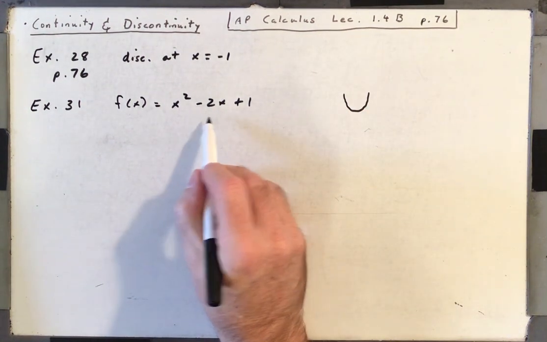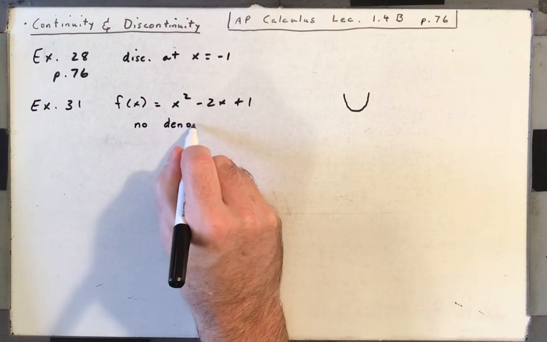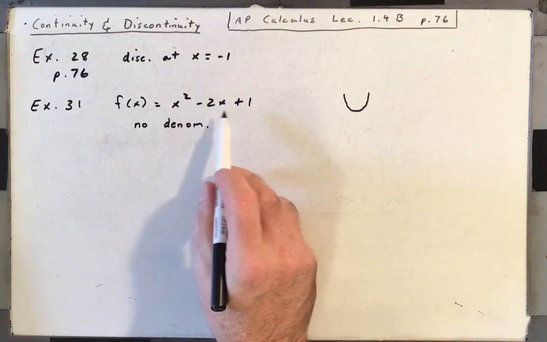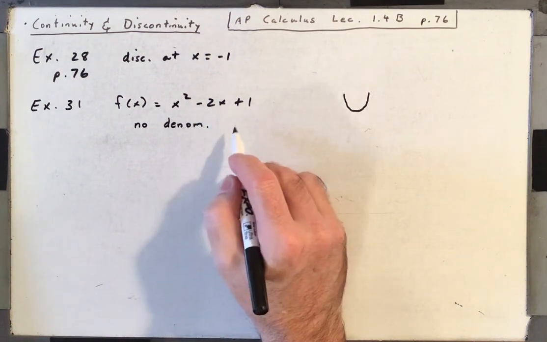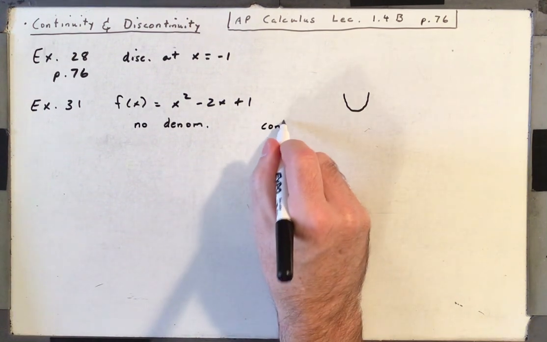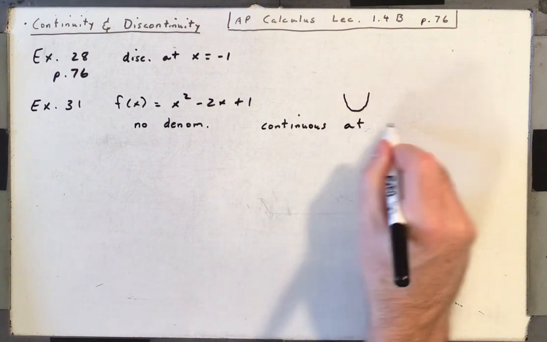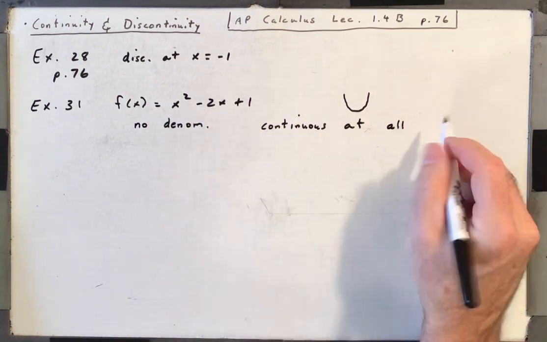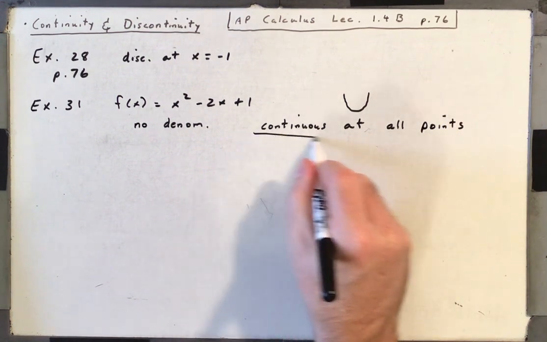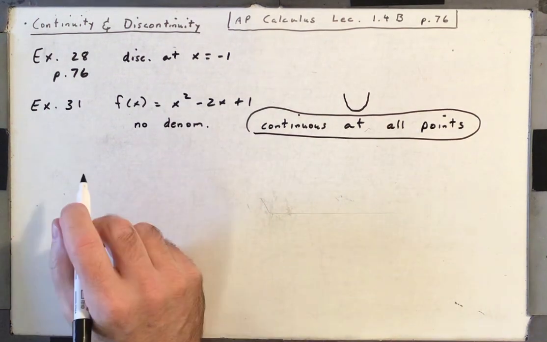There's no denominator, so there's no place where it's undefined, no asymptotes. So this one is continuous at all points. It's denominators that cause all the trouble. So a function like that, you're good to go.